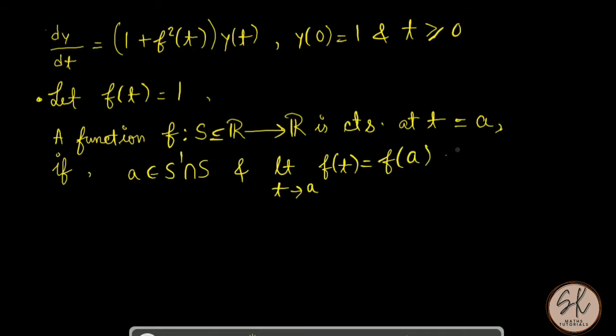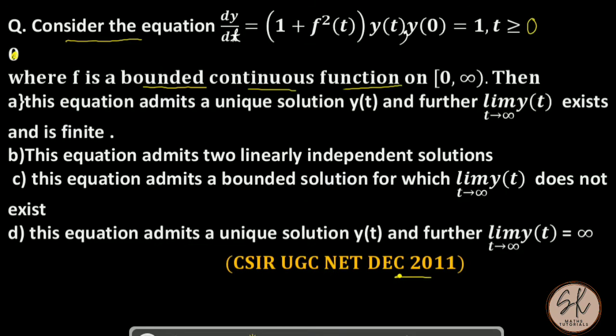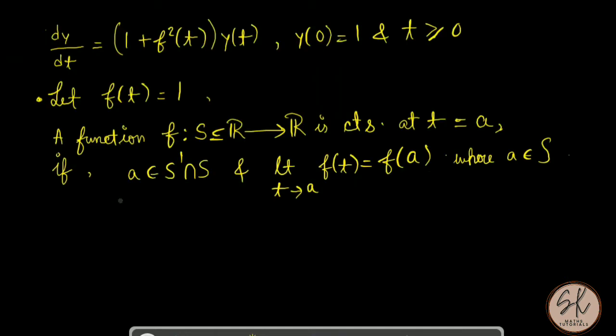So this is the definition of continuity of a function, where a belongs to S. In our question, S is 0 comma infinity.